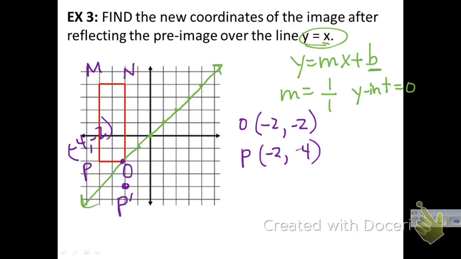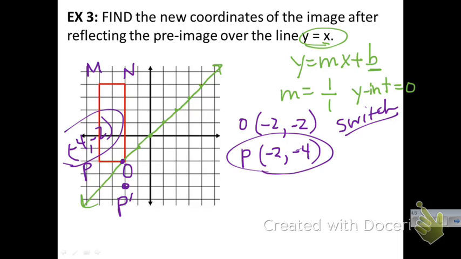So from here I said, what do you think has happened between these 2 points? And we came up with the idea that all that we have to do when it's y equals x is switch. All we do is switch those coordinates to get the prime value. So that was P prime.